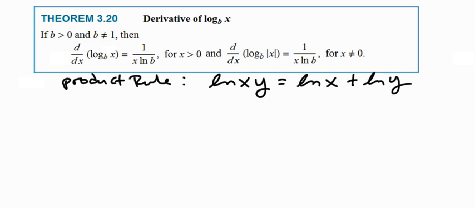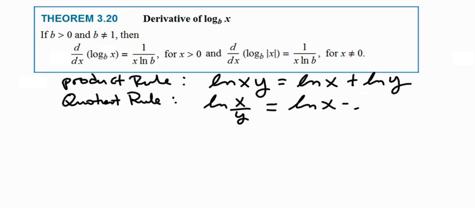We also had a quotient rule. Two functions being divided, we can separate them out. Remember, it's always the denominator in the second term, and it's going to be the minus.